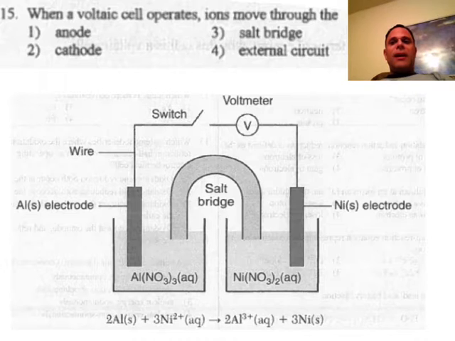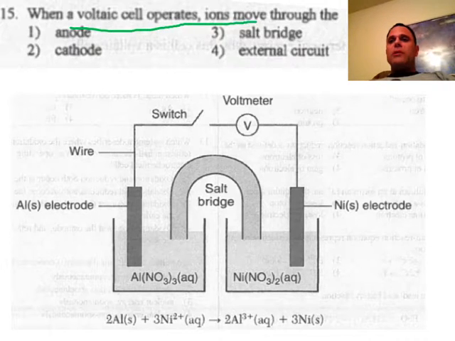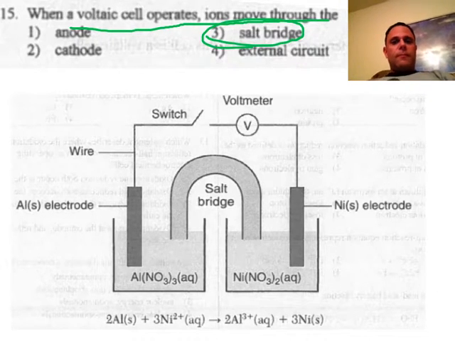Now keep in mind, if in fact the anode was on the right side, everything would be in the opposite direction. So it is very important to identify which electrode is the supplier of electrons. So back to this question, when a voltaic cell operates, ions move through the salt bridge.